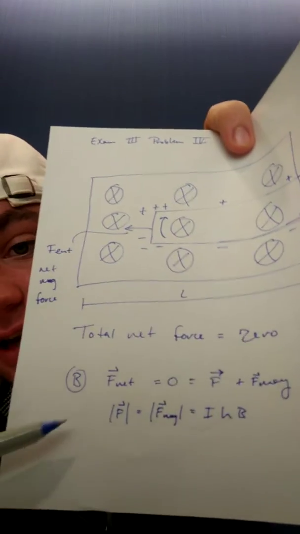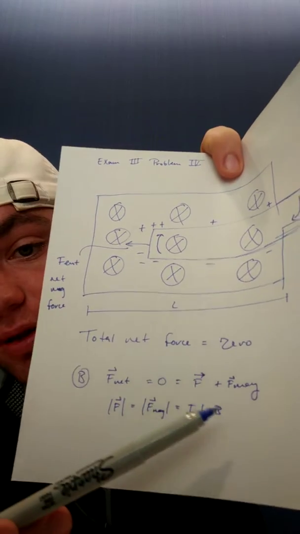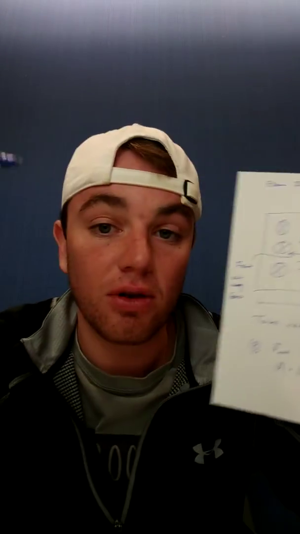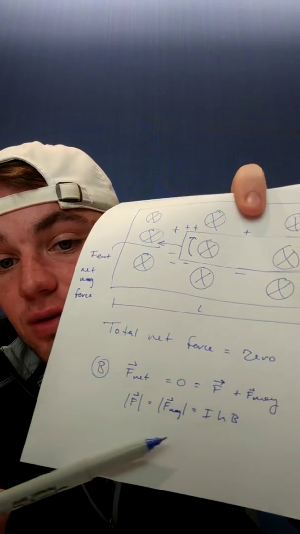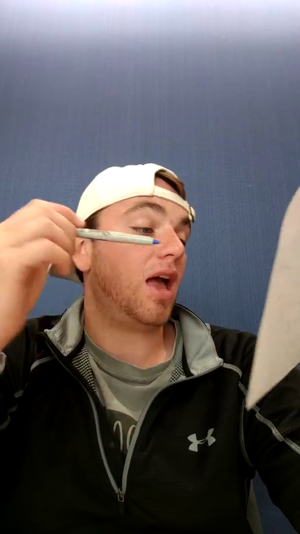Because we have it moving at a constant velocity in one direction, and then we have the net magnetic force moving in the other direction, we know that F net for the entire system is going to be 0. I worked it out right here: F net equals 0, and that is equal to F plus F mag. F is the force in the plus x direction, and in the negative x direction is the magnetic force that we drew on our diagram in part A. You can set those equal to each other, and F is equal to F mag, which is equal to IHB.